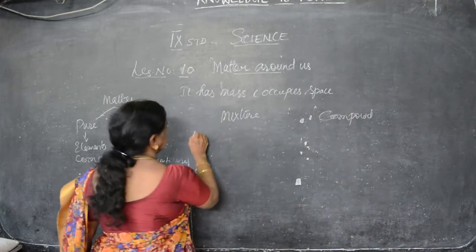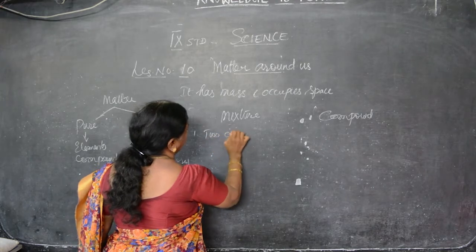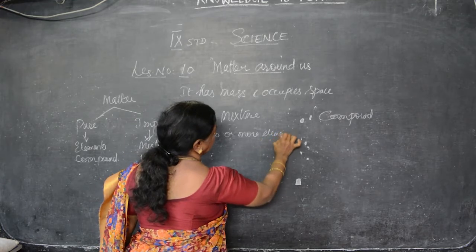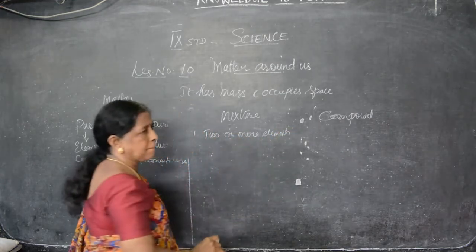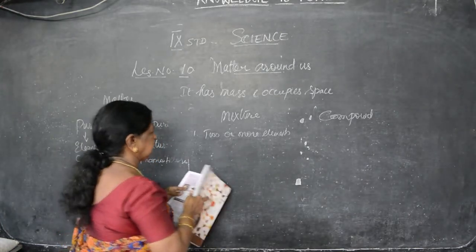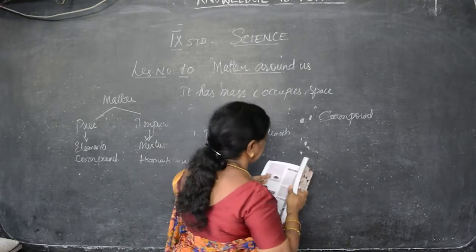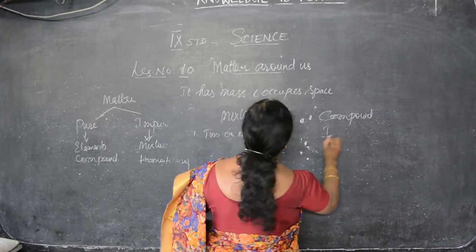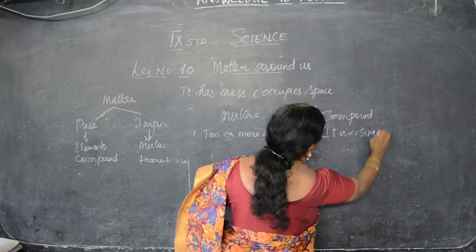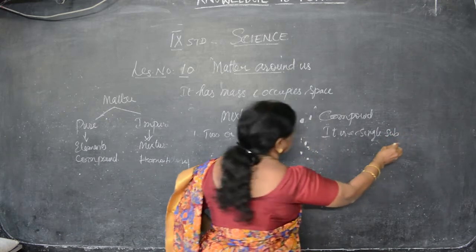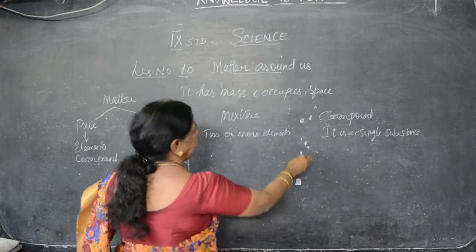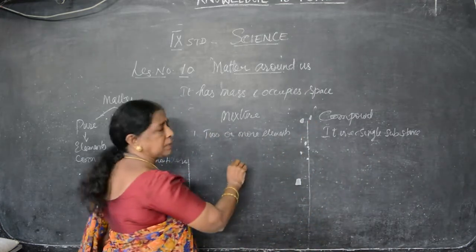First point, two or more substances. Here it is a single substance. That means it can be separated. From the mixture, we can separate elements.